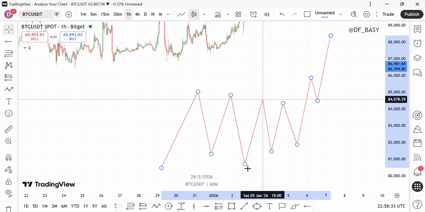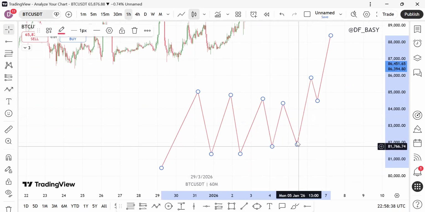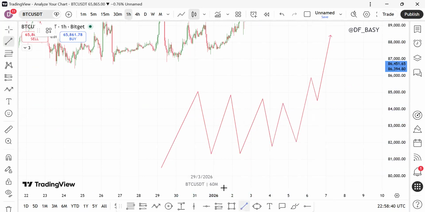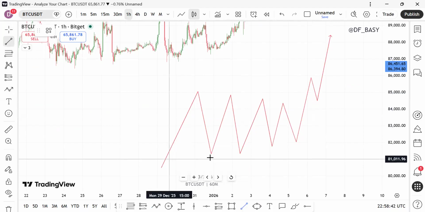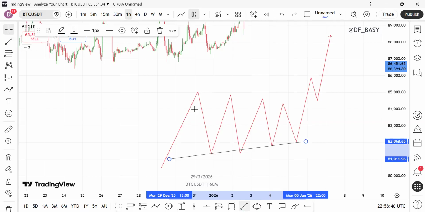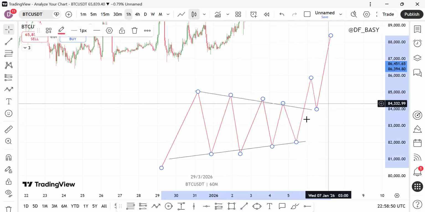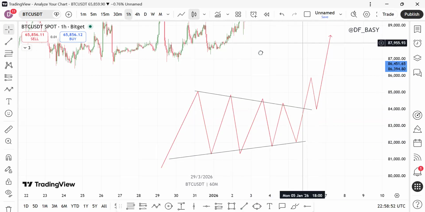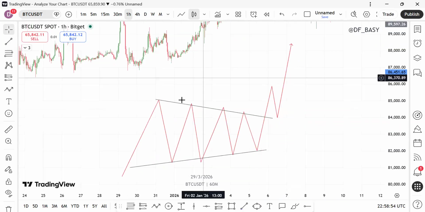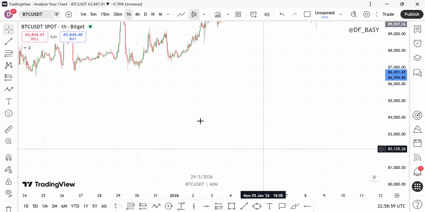Then you have something like this. We can retest, then you buy, right? This is basically how it is. So let me put the chart and show you how it works, how it looks like.